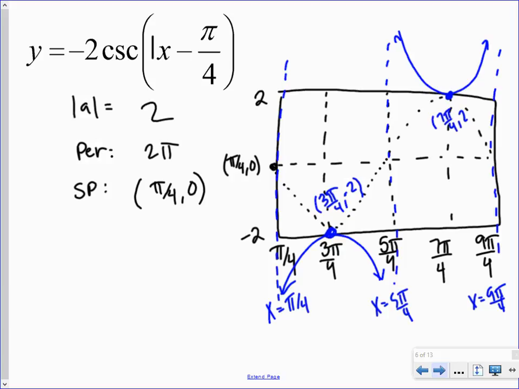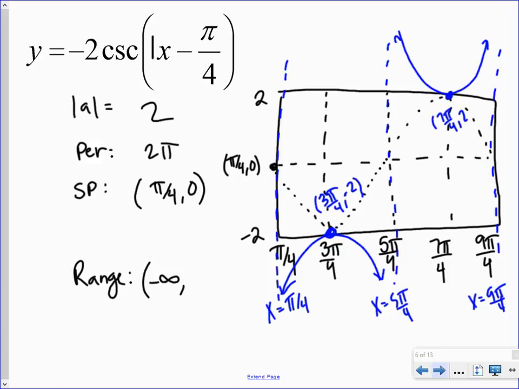You should practice range. So always when you have these U-shaped graphs for cosecant and secant, you're always going to start at like negative infinity. What do we go up to here? It only goes to negative 2, right, because of the change in the A. So watch out for D's, which will be vertical shifts, and then also change in A's.